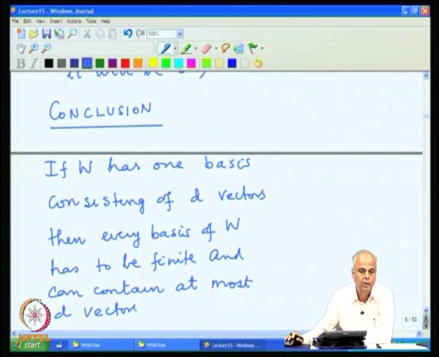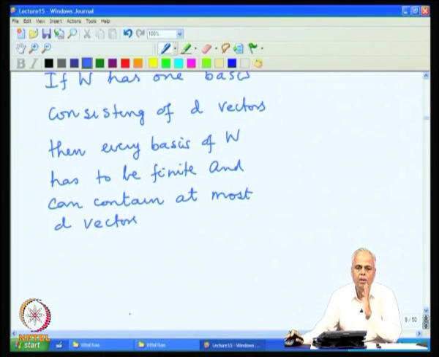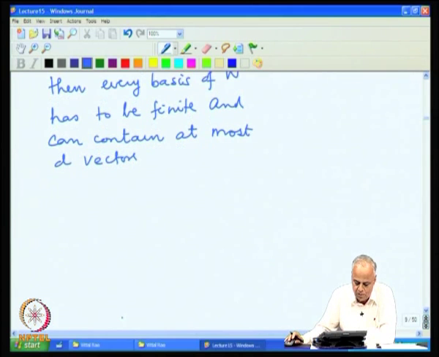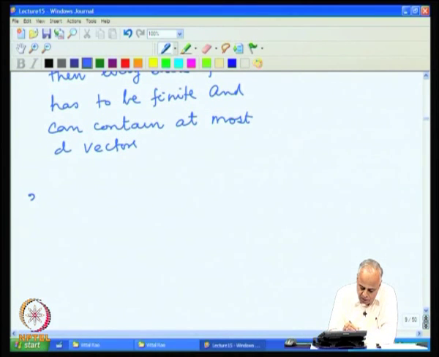So, the moment you have one finite basis, all other bases are forced to be finite and nothing can beat the size of the finite basis that you started with. Let us exploit this further.